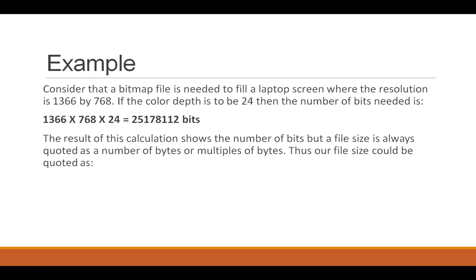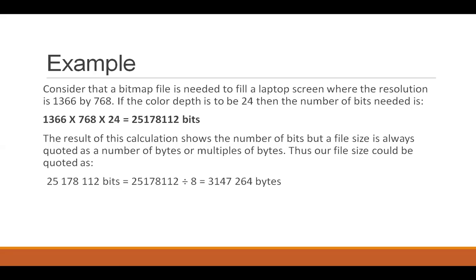But remember that the file size is always a bit bigger, and the file size is always a multiple of bytes, because these bits can be converted into bytes. So we must always divide it by 8 to convert the bits into bytes. After we have done so, in one of my previous lectures, I showed you the memory size tables.